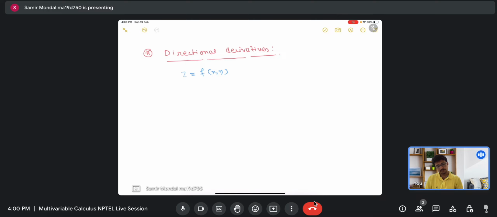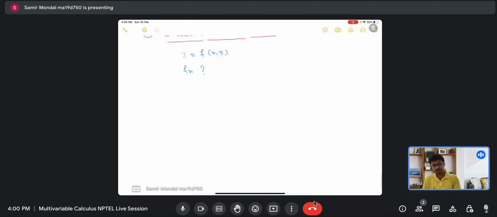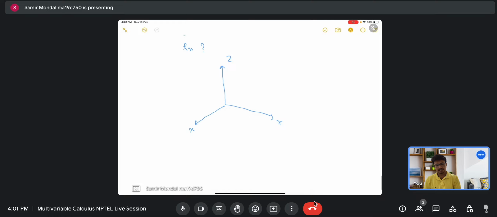I want to see what the geometrical interpretation of the partial derivative of f with respect to x is at a fixed point a b in the domain D. This is your x-axis, y-axis, this is your z-axis, and this is your surface z equal to f of x y.